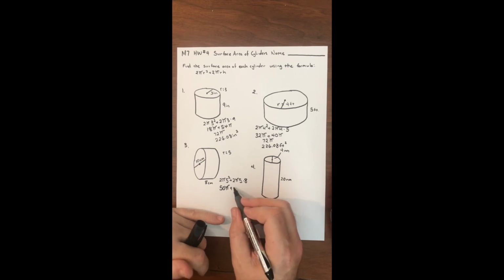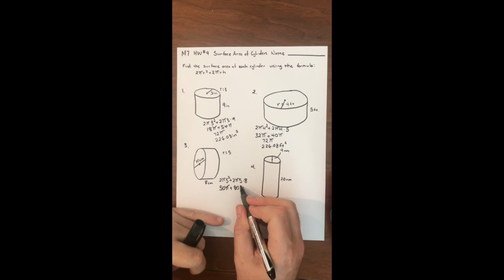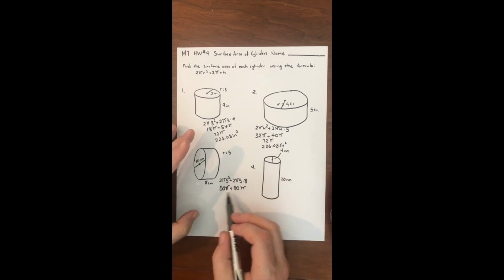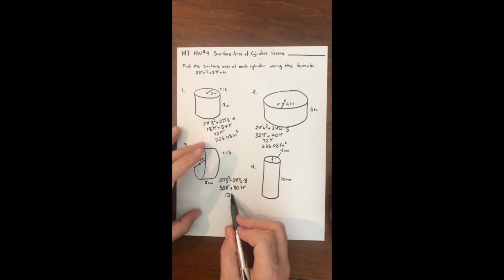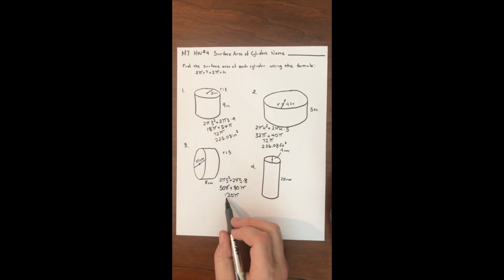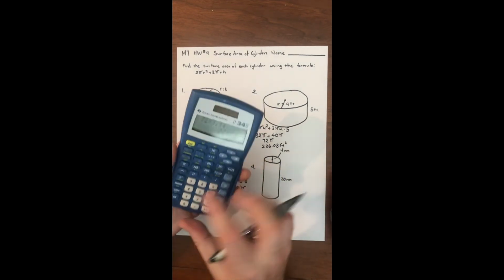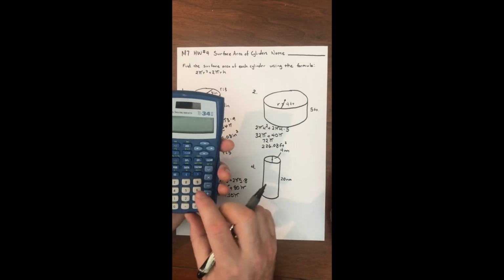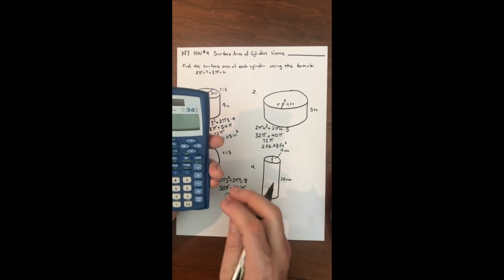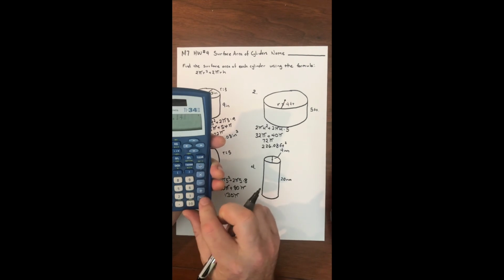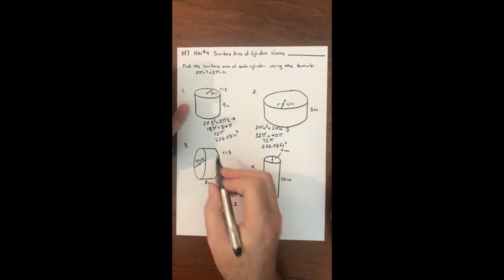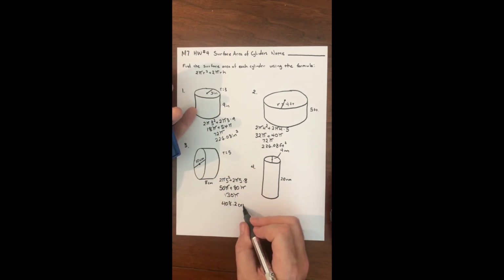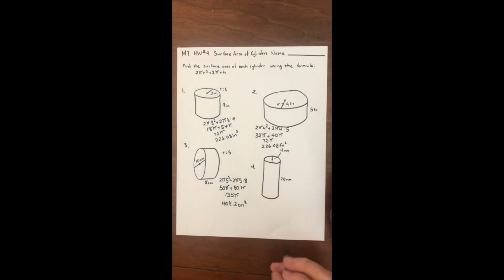And 40 times 2 is 80 pi. 50 plus 80, 5 plus 8 is 13, so that's 130 pi. This is 3-ish times 13 is 39, so around 400, a little above. So 130 times 3.14 gets me 408.2. Centimeters squared.